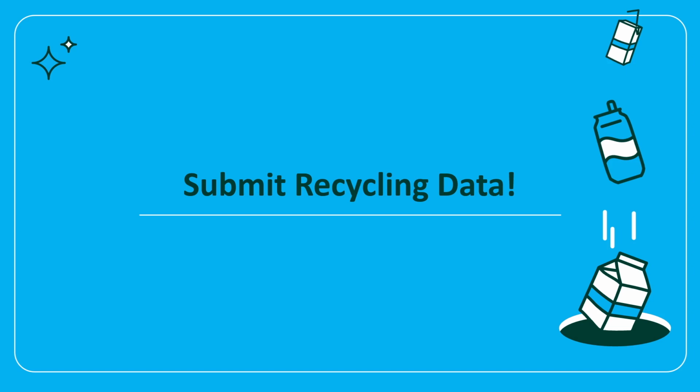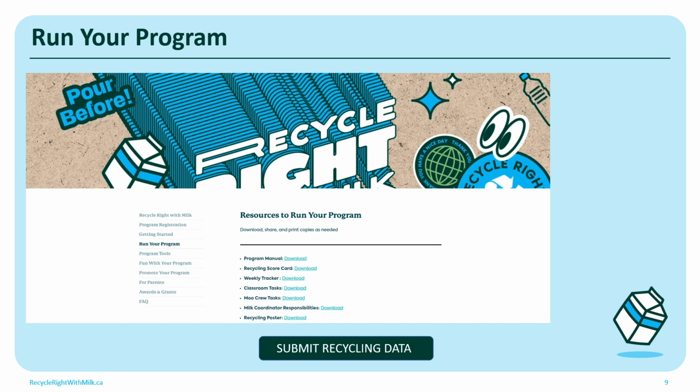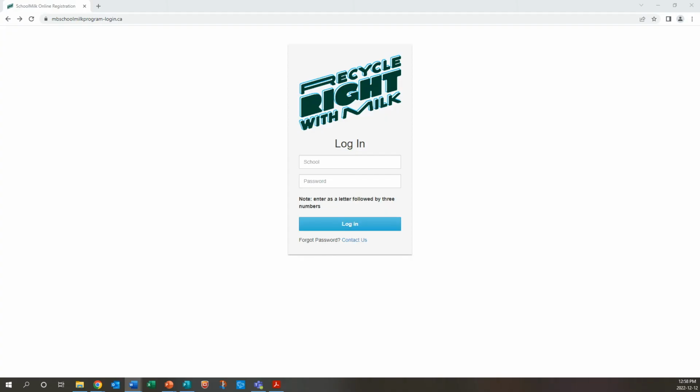Once you have determined your monthly total number of milk cartons collected and total number of milk cartons ordered, it's time to submit your data. Using the provided link, or through the button at the bottom of the Run Your Program page, access your school's online portal. This is the same portal you would have used to register your school for the program.